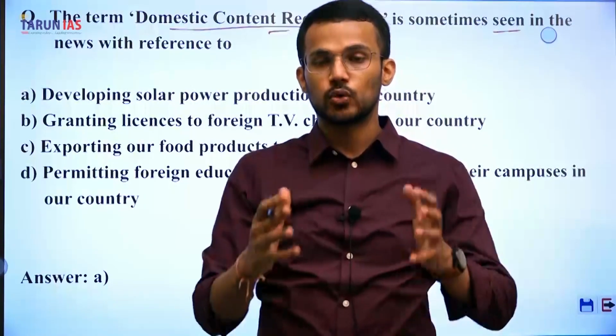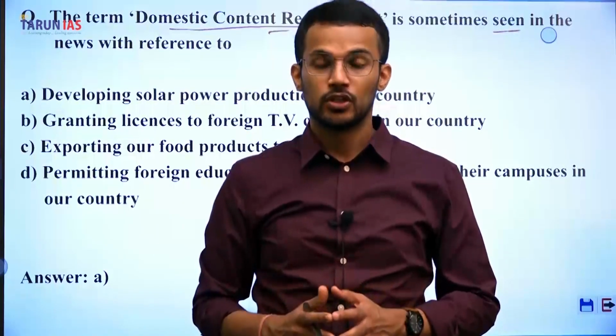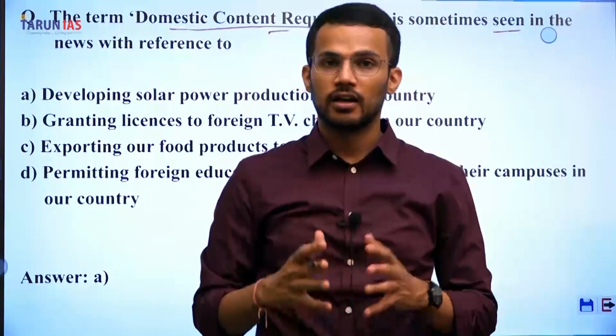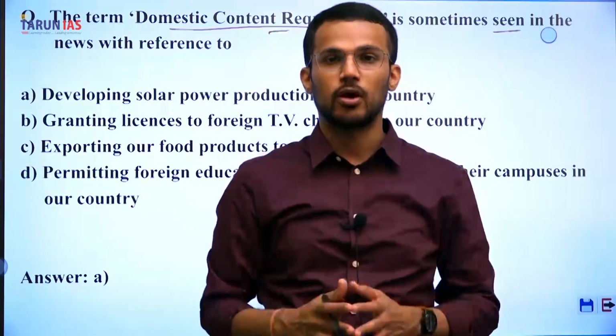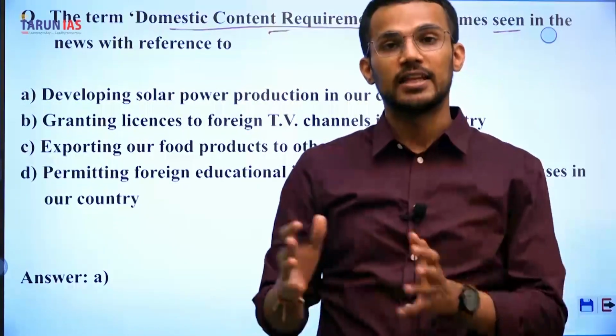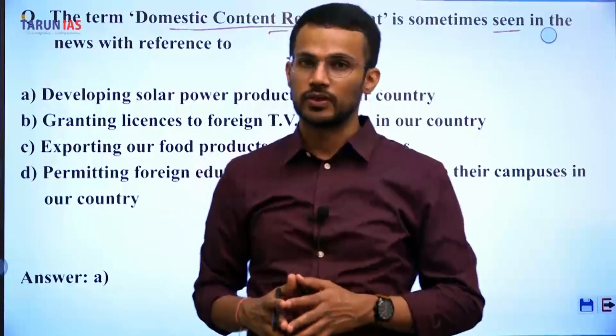That means the solar panels should be manufactured locally, so that we will be able to achieve the target of solar energy production by 2022, that means 100 gigawatts of solar energy, and at the same time it does not affect our forex reserves, right?